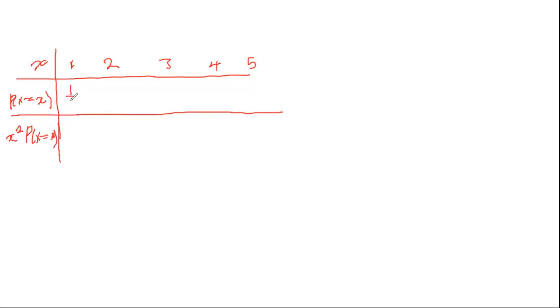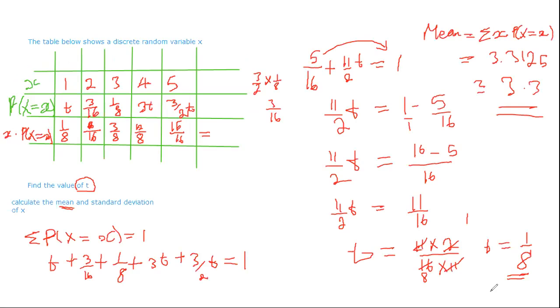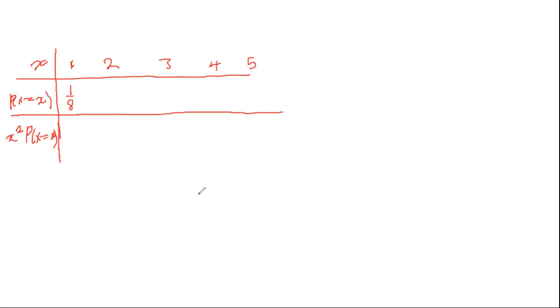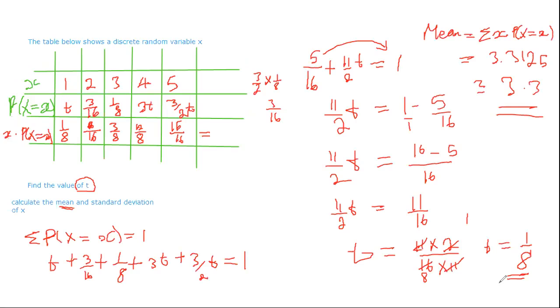The probabilities were 1/8, 3/16, 1/8, 3/8 and 3/16.